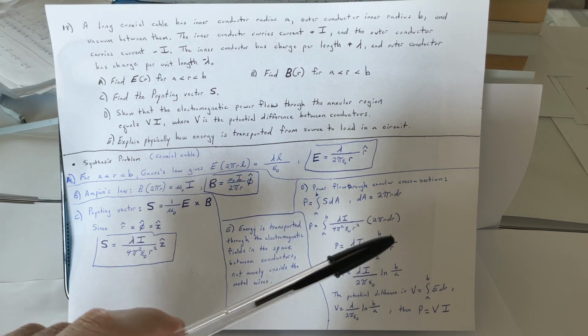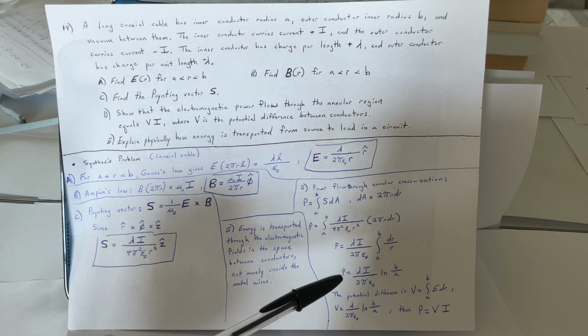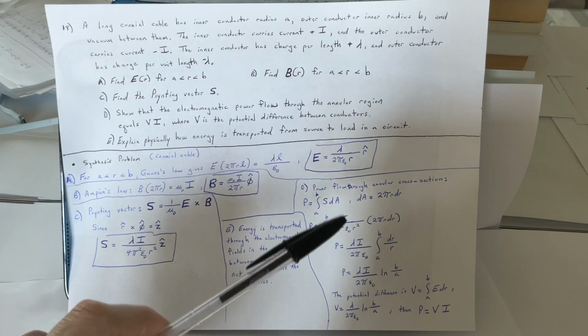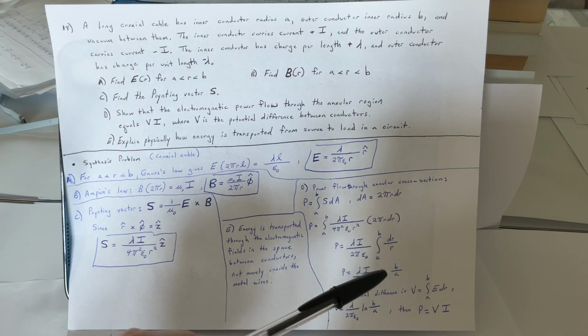Integrating that gives natural log of r, technically ln absolute value of r, so P equals lambda I over 2 pi epsilon naught ln B over A.